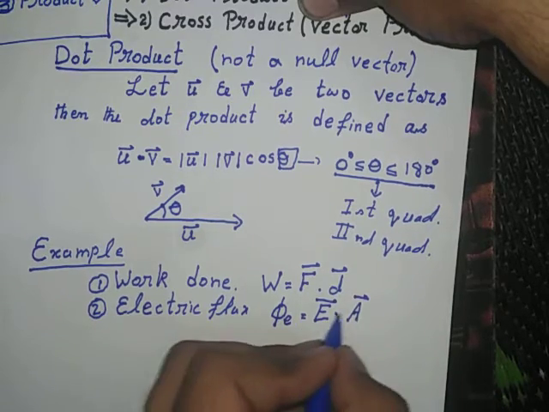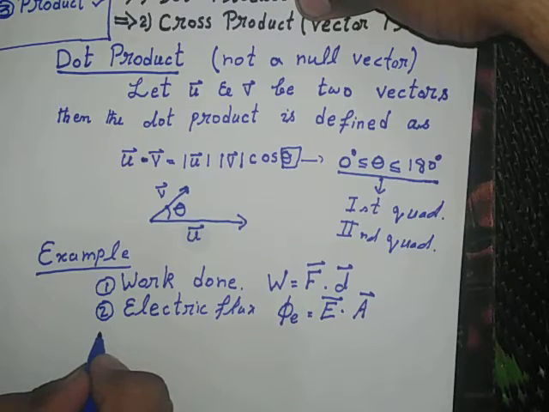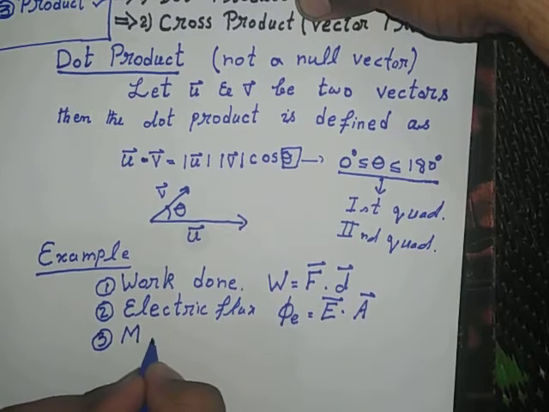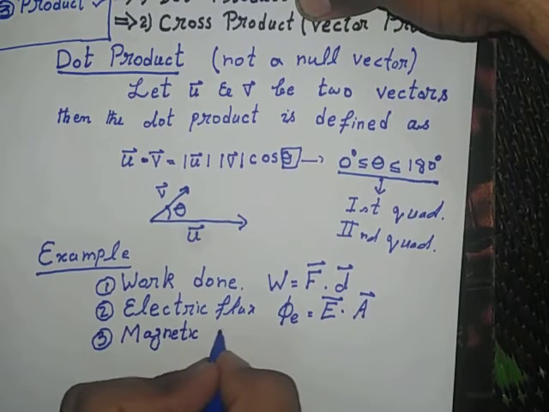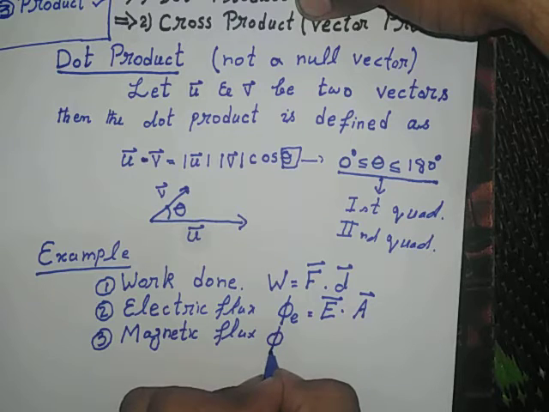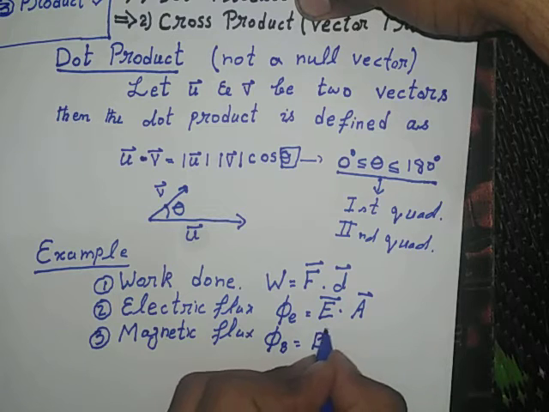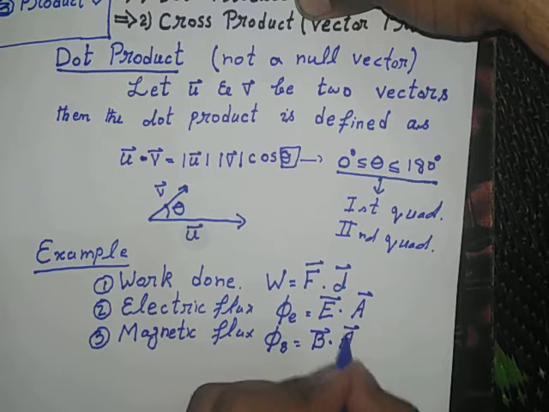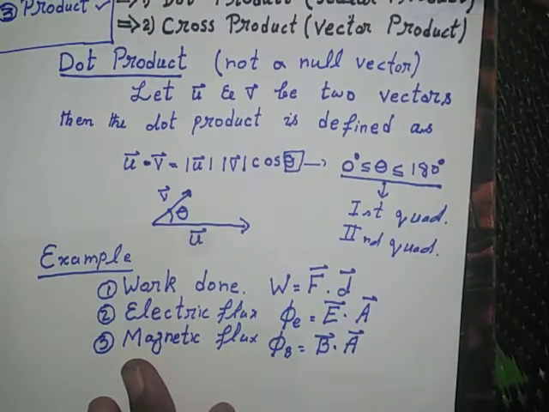Third example is magnetic flux. This is also represented by phi B, where B stands for the magnetic field vector dotted with the A vector, which is the same as the vector area element.